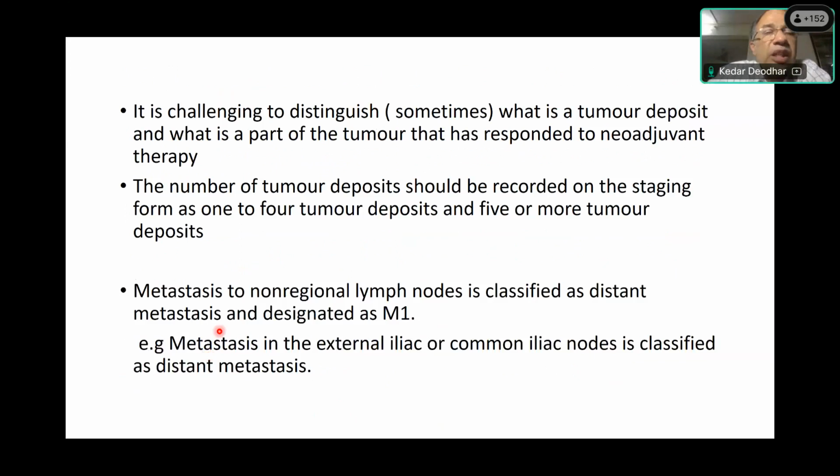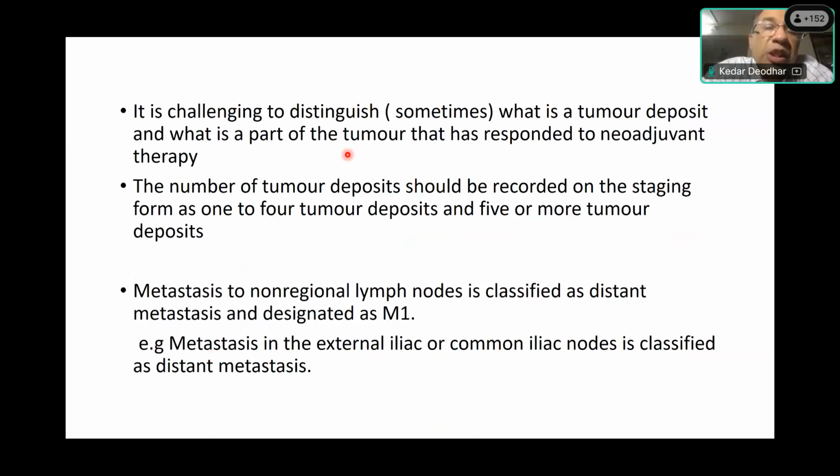Last point, I think it is challenging to distinguish what is actually a tumor deposit, and in a case treated by CT and RT, what is a part of the tumor which has responded to neoadjuvant therapy. Suppose we have a 3 centimeter tumor before CT-RT, and the tumor has partially responded. That means the 3 centimeter becomes 2 small separate areas of 1 centimeter each.